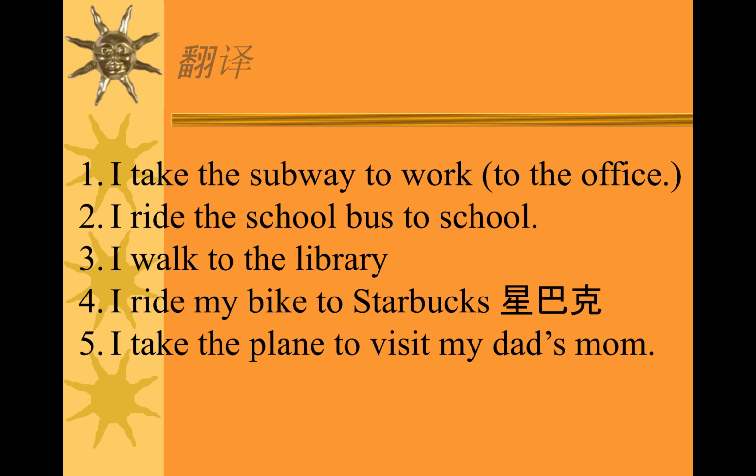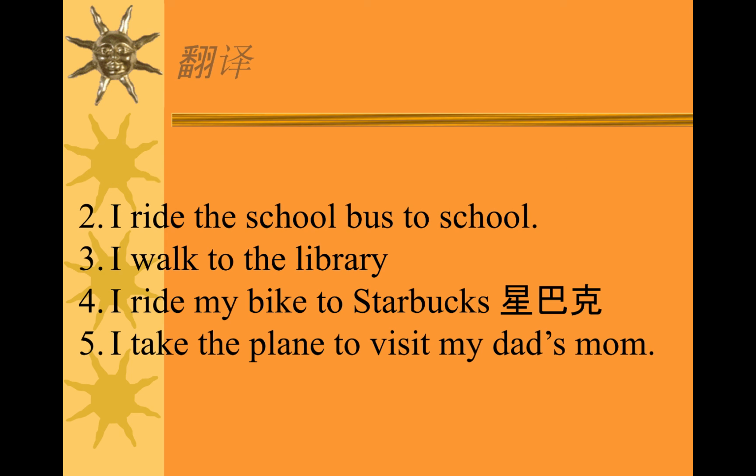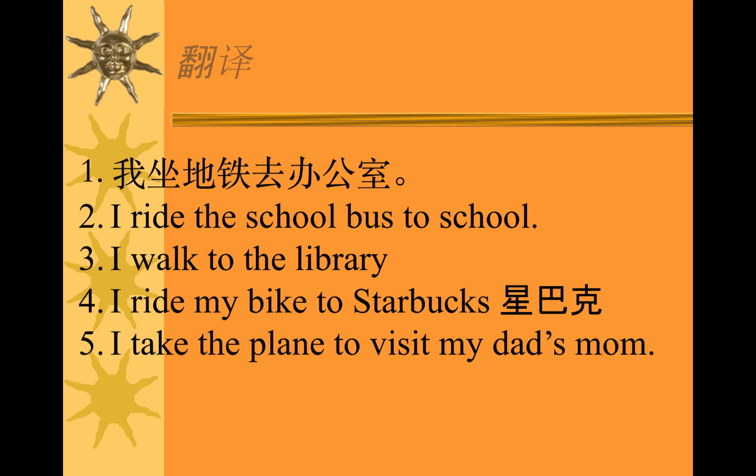Now translate these 5 sentences into Chinese to test your mastery of this pattern. Number 1, I take the subway to work. Remember that to say to go to work, we would probably say something like to the office. 我坐地铁去办公室.